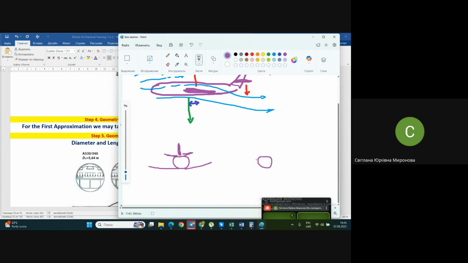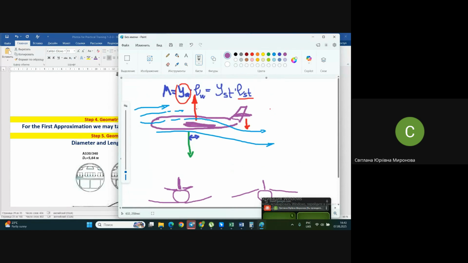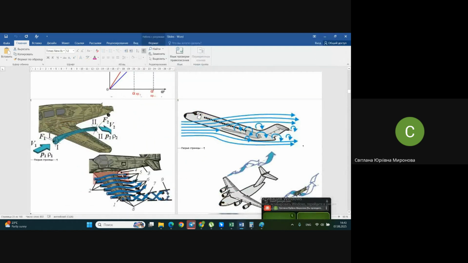What about if we choose a high wing? Do you imagine that the wing is now somewhere here and the stabilizer at the same place? The downwash will hit them, and the stabilizer will be on the way of those vortices that we have seen, as you remember.